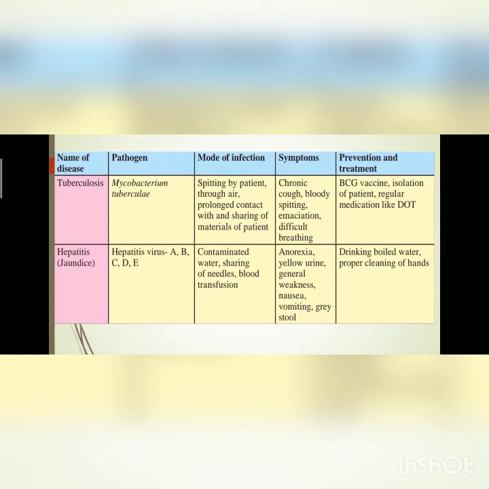Symptoms, anorexia, yellow urine, general weakness, nausea, vomiting, grey stool. Prevention and treatment, drinking boiled water, proper cleaning of hands.